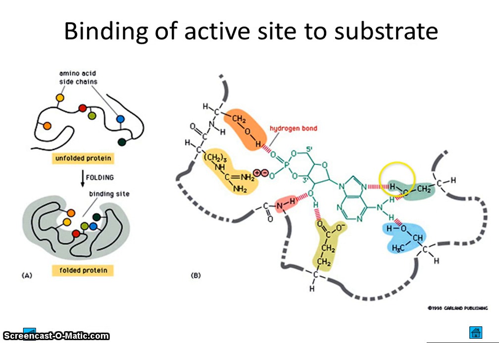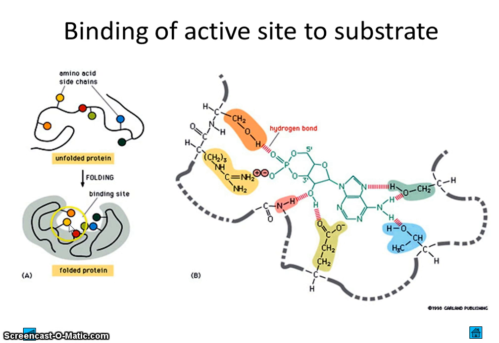So, if we can just focus in a little bit on what the enzyme-substrate complex will look like on a chemical scale, what we've got here is a chain of amino acids, and here are the side chains, and that chain is folded in a particular way within the tertiary structure, creating this cleft or active site.